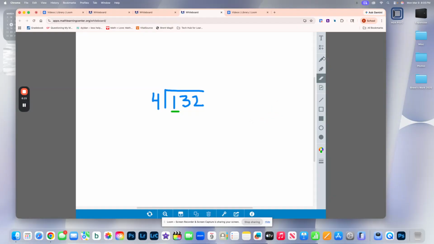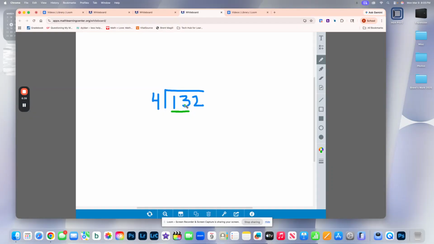The next digit is a 3, which stands for 3 tens. When I combine the hundreds with the tens, remember that's 10 tens right there, I get 13.